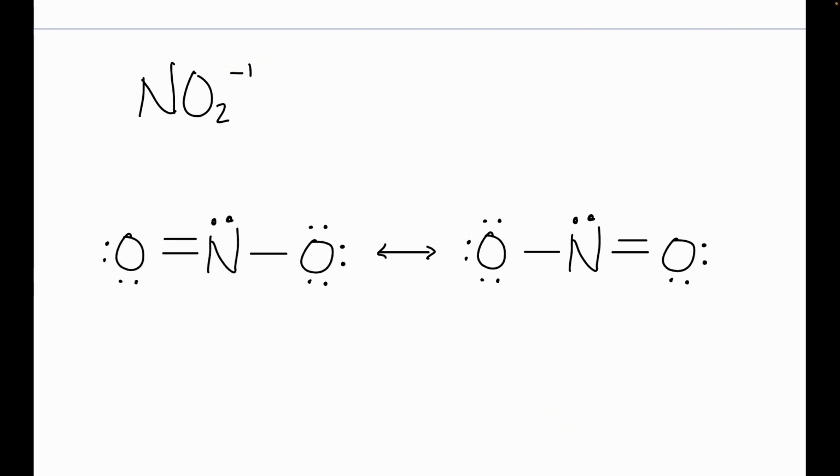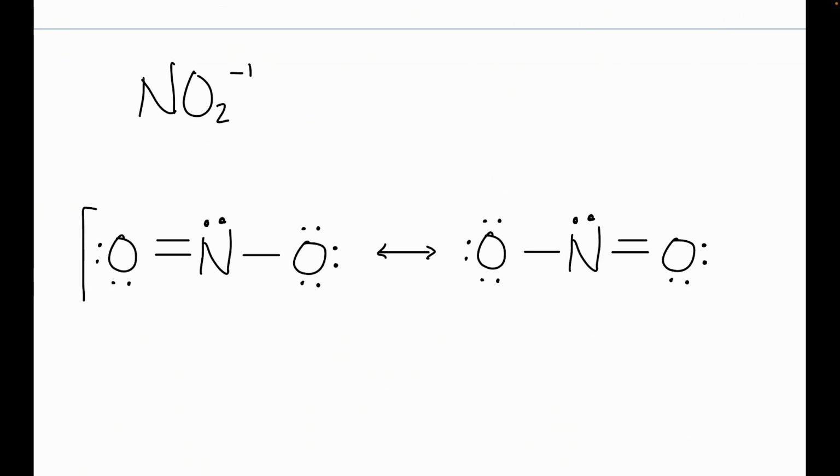Okay, to finish this off here, our convention is to put these brackets around each structure with the net charge on the outside. All right, again, the Lewis structure is really considered to be both of these here.